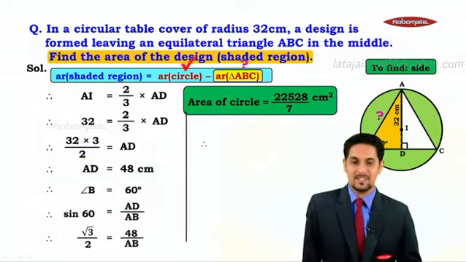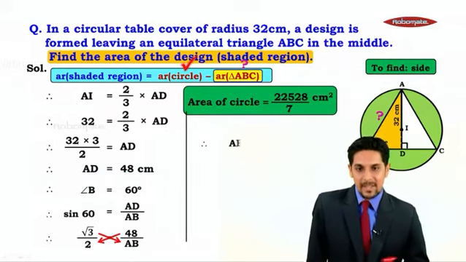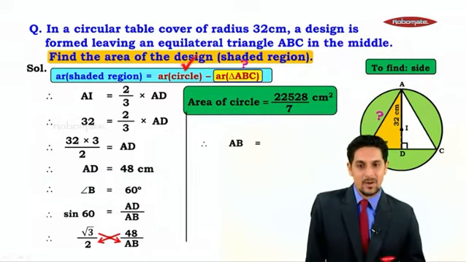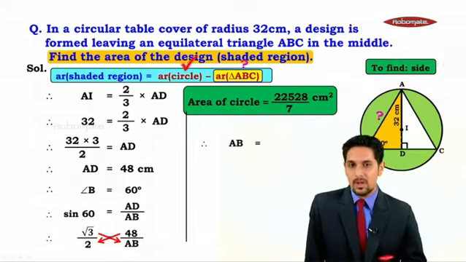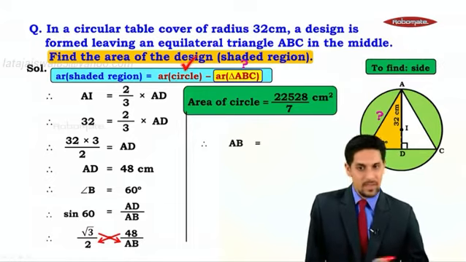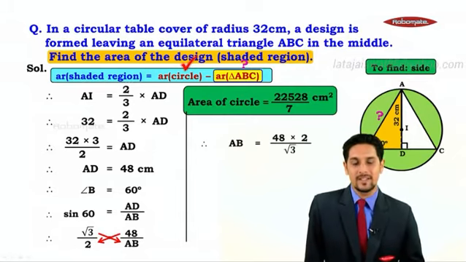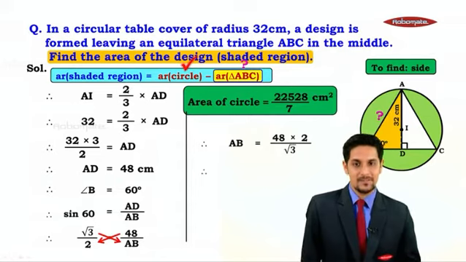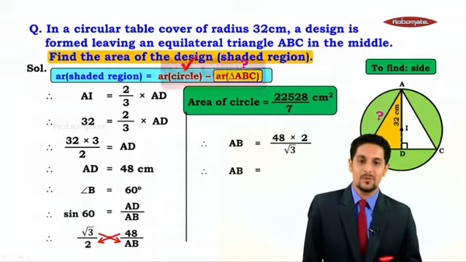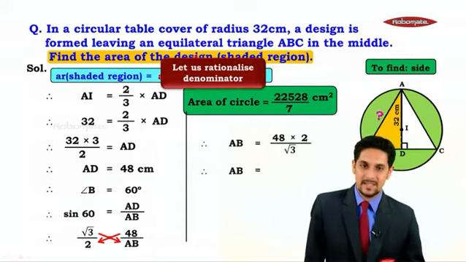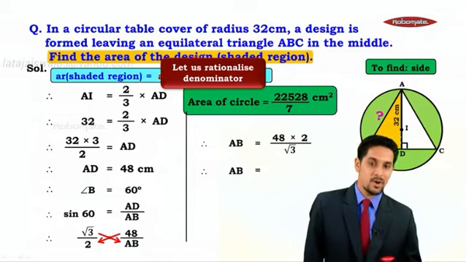On further simplifications, we can say AB into root 3 is equal to 48 into 2, and further simplification gives the value of AB is equal to 48 into 2 upon root 3. Let us simplify this further. We have AB is equal to 48 into 2 is 96, and let us rationalize the denominator.